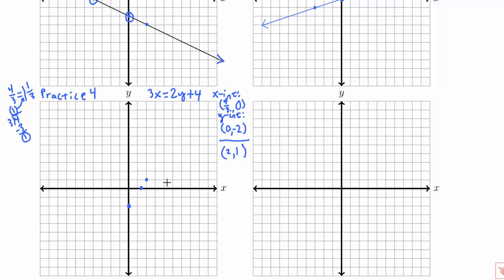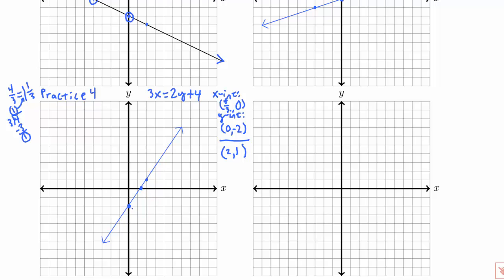Let me go ahead and graph this. Sorry, I was just trying to make it look decent here. There you go. So, this is how you graph using x and y intercepts.